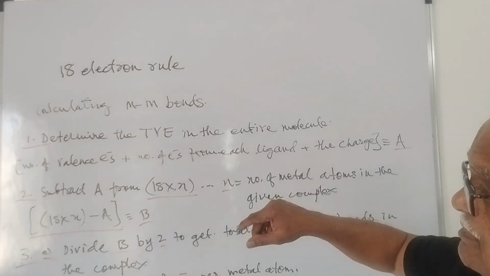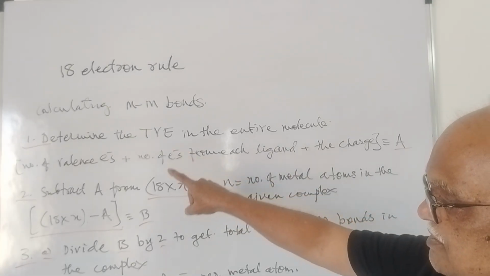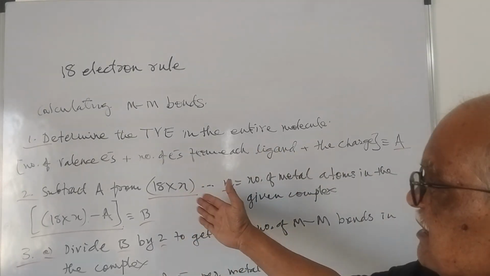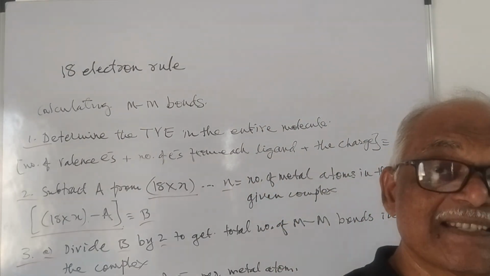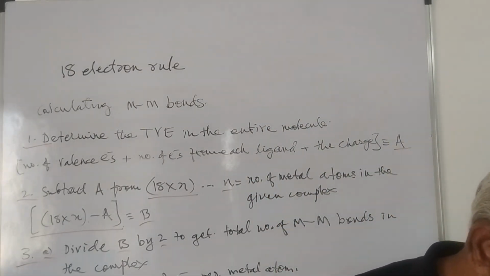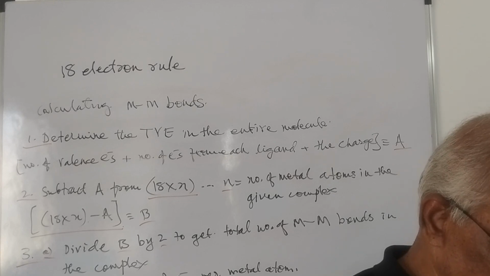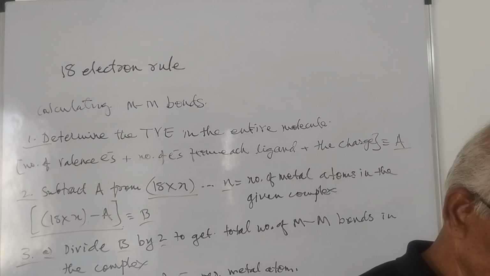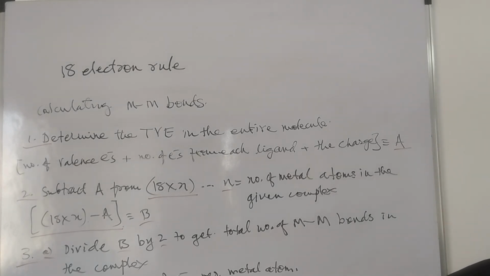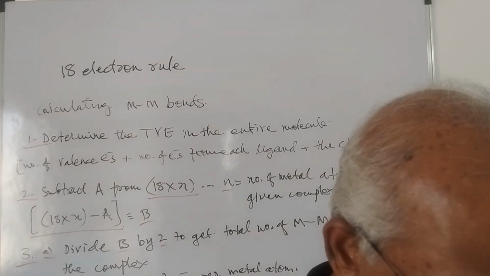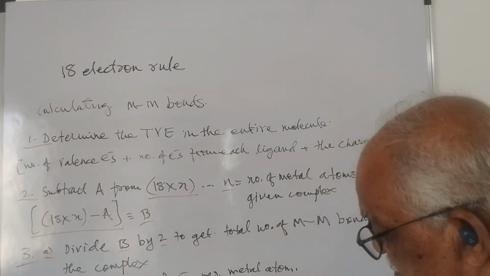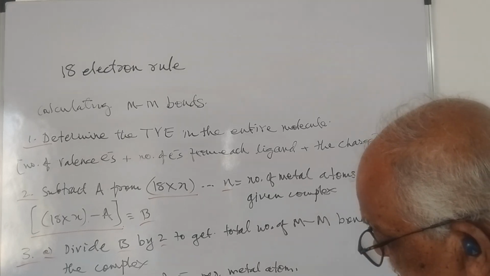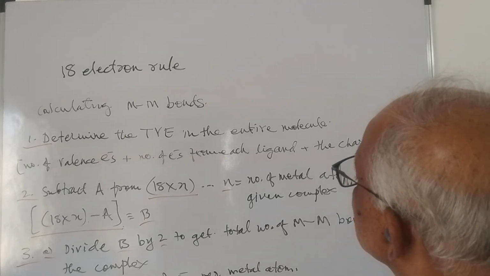After taking these 3 steps and obtaining the values, from these values we can understand something. If the number of electrons is 18, there is no metal bond.